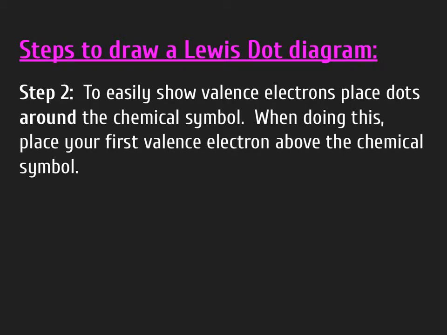Step 2 then is to create the diagram. What we do is we put the dots right around the chemical symbol, almost like an imaginary energy level. When we do this, we place our first electron at the top of the symbol. So boron was in group 3, has 3 outer electrons.